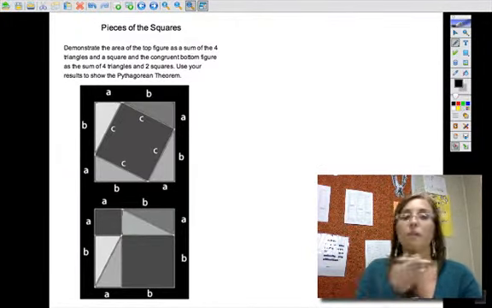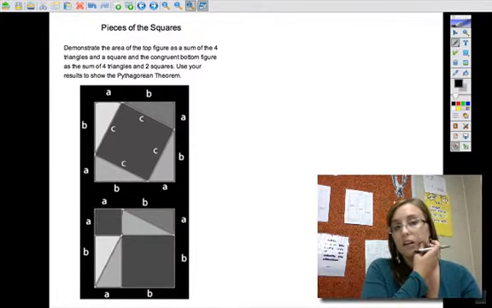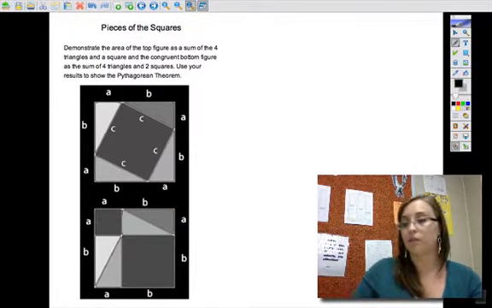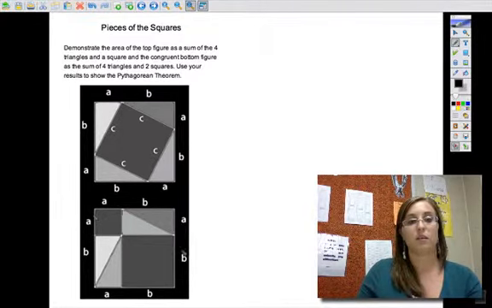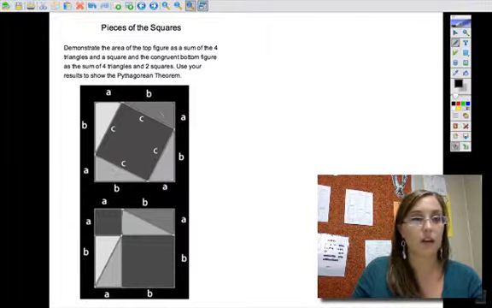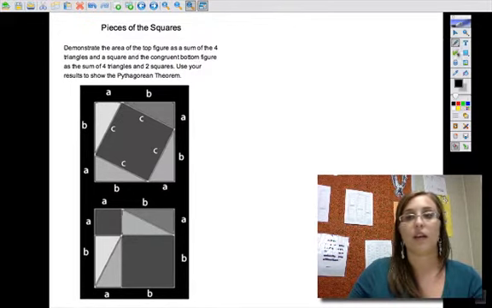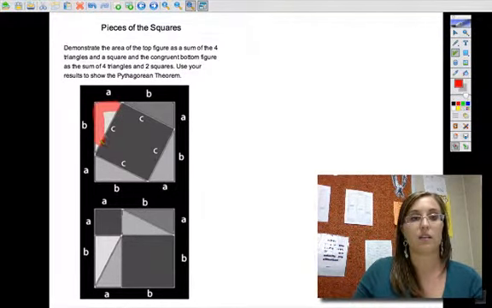Okay, and the last one, we've got two different shapes or two different ways to show the area of this square right here, okay? So we're going to do this first one exactly like we did on our very first problem, looking at the square two different ways. So we're going to think of it as the sum of the areas of each of the parts.